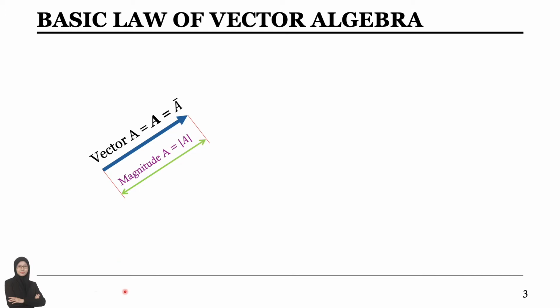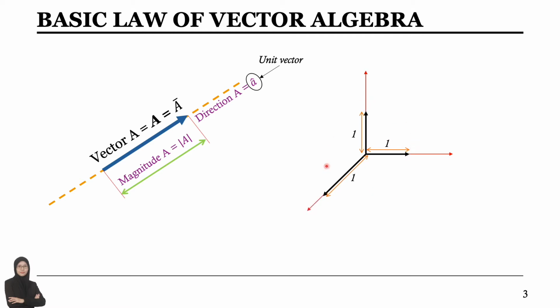The second component is direction. Normally, we write a lowercase letter with a hat to show the direction of a vector. This A hat is known as a unit vector. A unit vector has a magnitude of 1 in all axes.